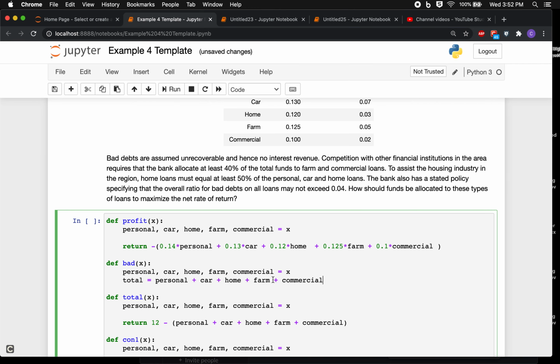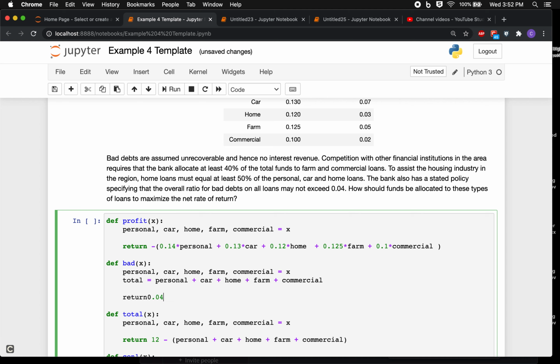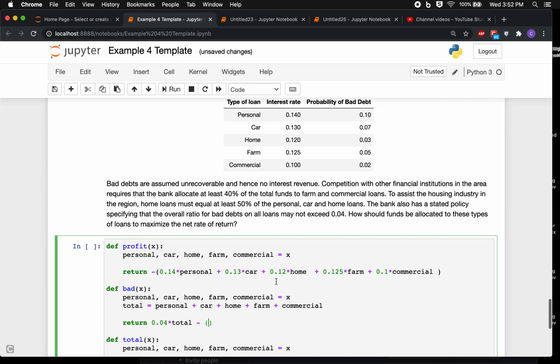And so what I'm saying is that 0.4 times total is going to be bigger than the different bad debt probabilities. So 0.1 times personal plus 0.07 times car plus 0.03 times our home loan plus 0.05 times farm and plus 0.02 times commercial.